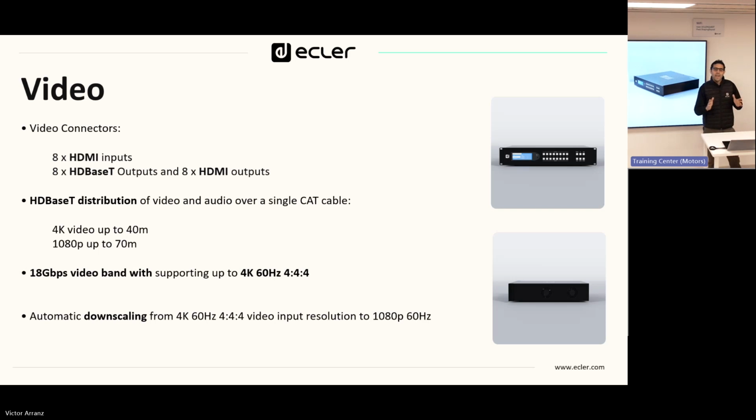You have 8 analog unbalanced stereo inputs, so you can insert audio in the video flow, and you also have 8 analog stereo unbalanced outputs and 8 digital outputs. So, new highlight on this new matrix, you can independently route the audio to any output.